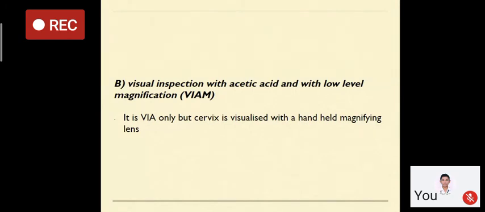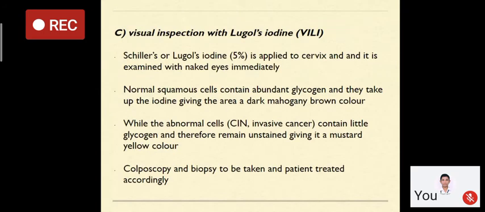Another thing is visualized using a handheld magnifying lens: you apply acetic acid and the cervix is visualized using a handheld magnifying lens, not by colposcope. It is low level magnification. Then the other method is visual inspection with Lugol's iodine. The Schiller's or the Lugol's iodine 5% is applied to the cervix, and it is examined with naked eyes immediately.